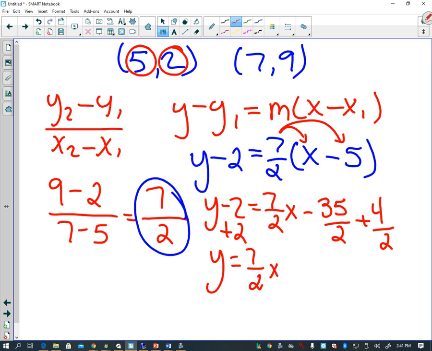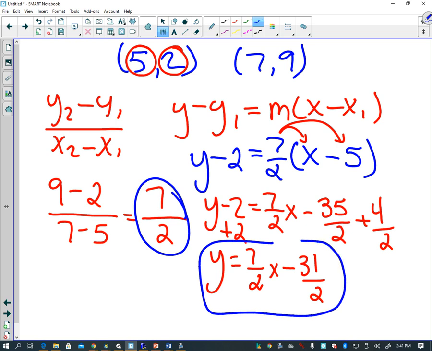What's negative 35/2 plus 4/2? Negative 31/2. Now, the answer key might have that as a decimal, and that's fine. That's what it is as a fraction. Okay.